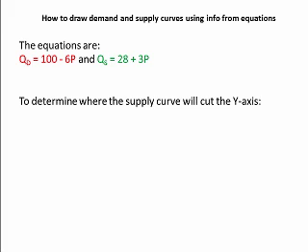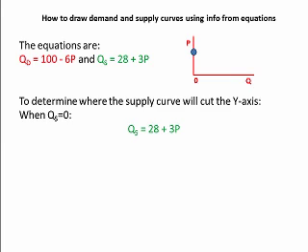Now we're going to draw the supply curve. To determine where the supply curve will cut the y-axis, once again, it will be where quantity supplied is equal to 0. The equation for the supply curve is QS equals 28 plus 3P.